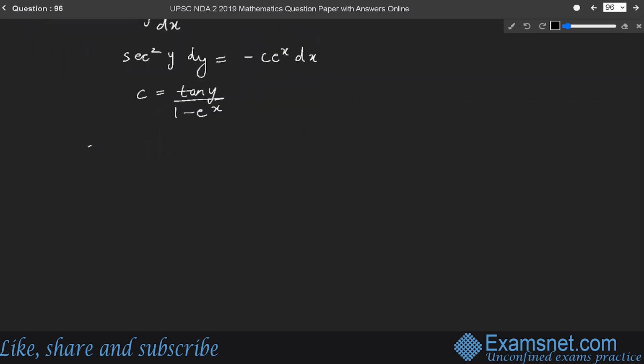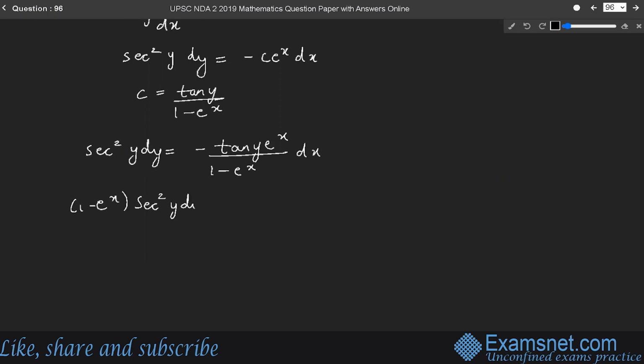Therefore, sec square y dy will be equal to minus tan y into e to the power x divided by (1 minus e to the power x) dx. So (1 minus e to the power x) into sec square y dy will be equal to minus tan y into e to the power x dx.